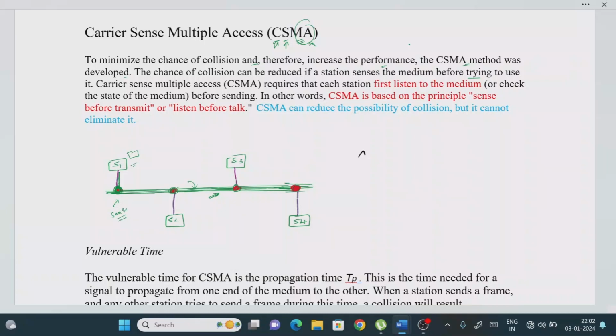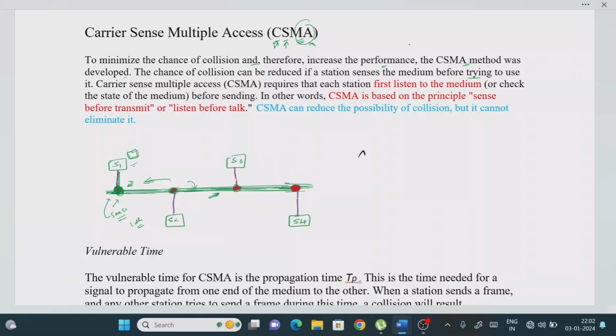Sensing means I check whether the channel is idle or busy at this particular point of time. Idle means no other packet is coming towards this place. If some frames are coming here, it is called busy. If it is busy, we postpone sending our frame from the station to the other station.